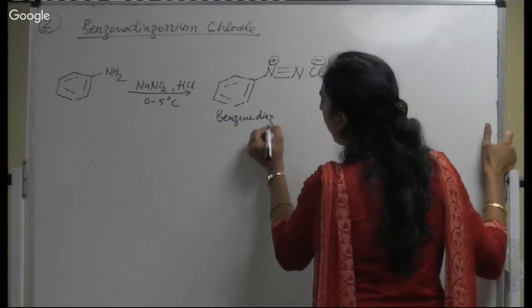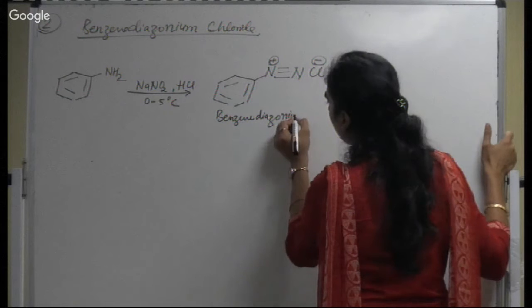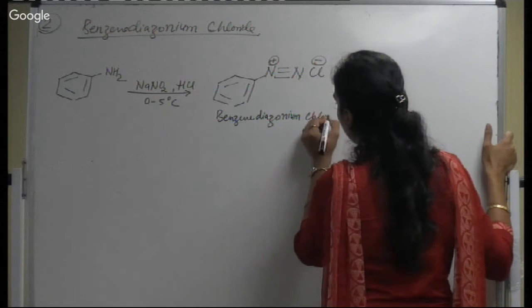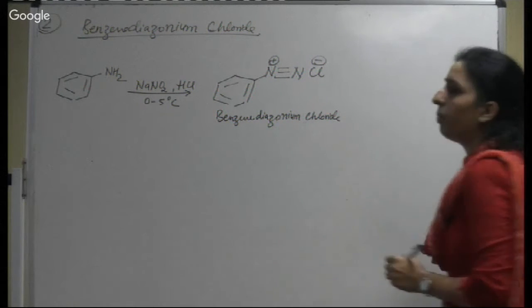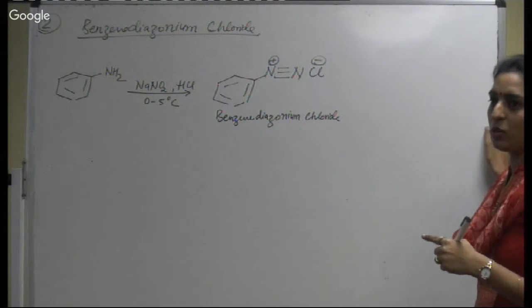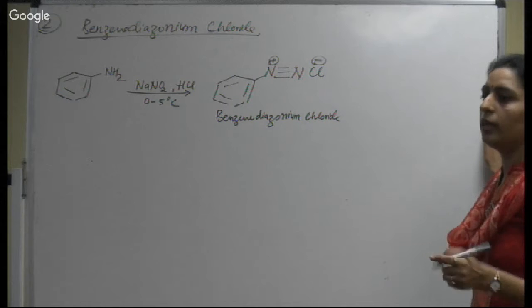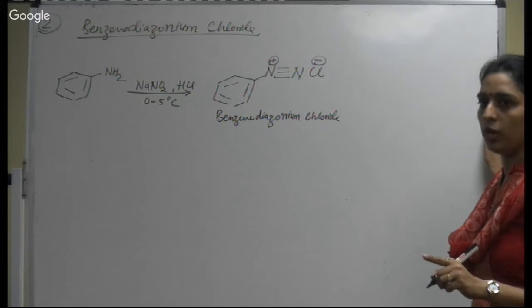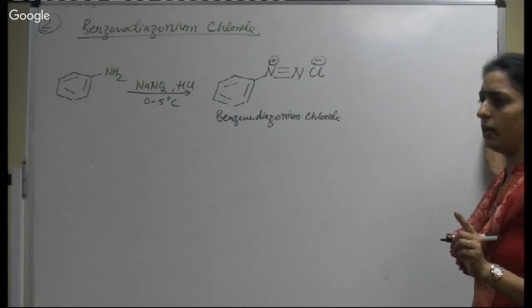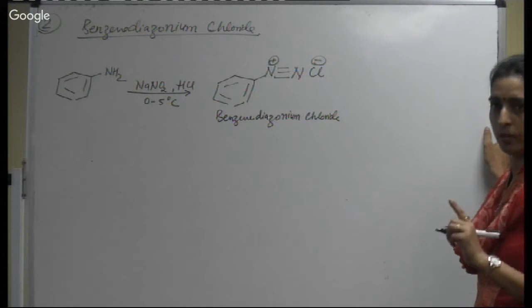This is a very, very important reaction because from this diazonium salt you can prepare any compound you want. Right now we are preparing halides only, otherwise you can prepare nearly every functionality from this.